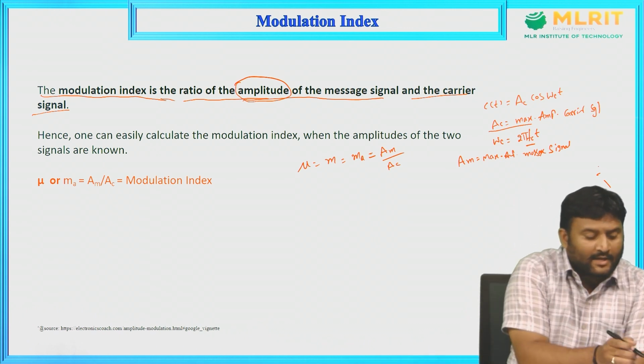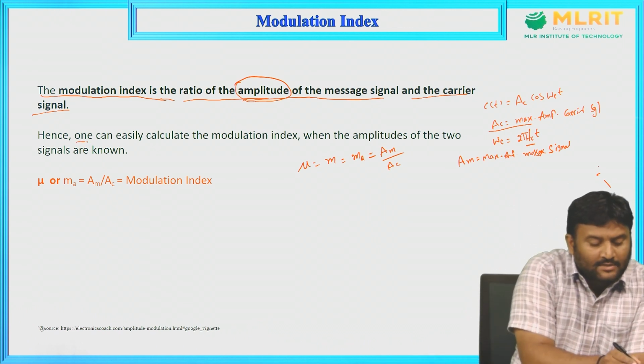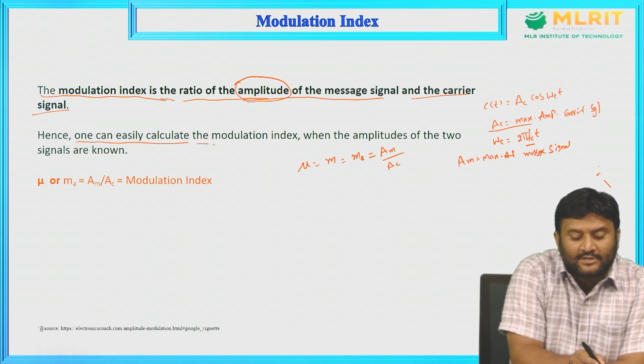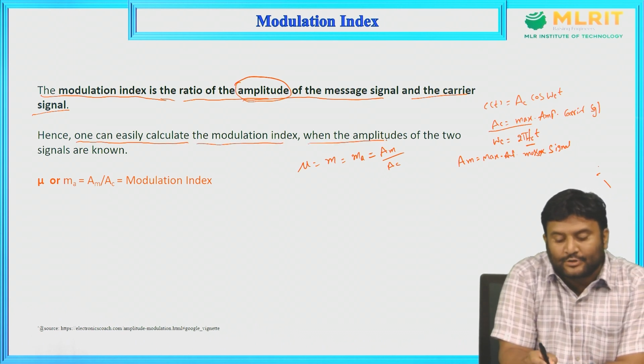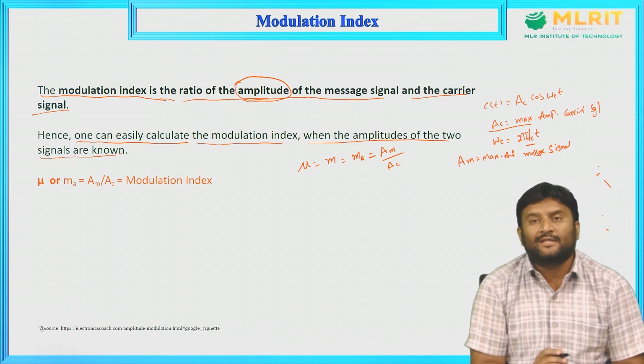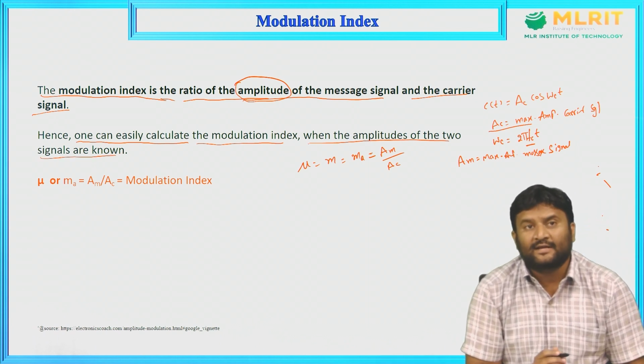One can easily calculate the modulation index when the amplitudes of the two signals are known, namely the message signal and the carrier signal.